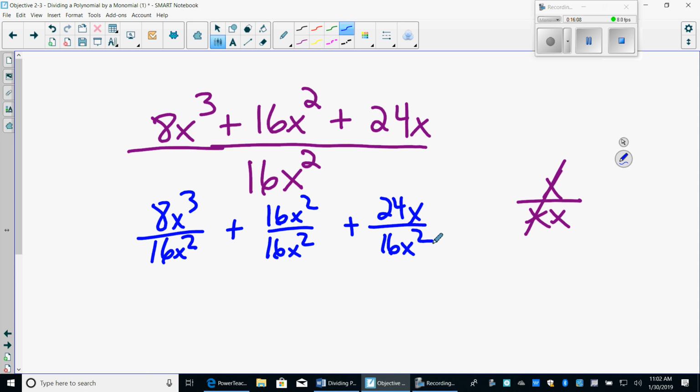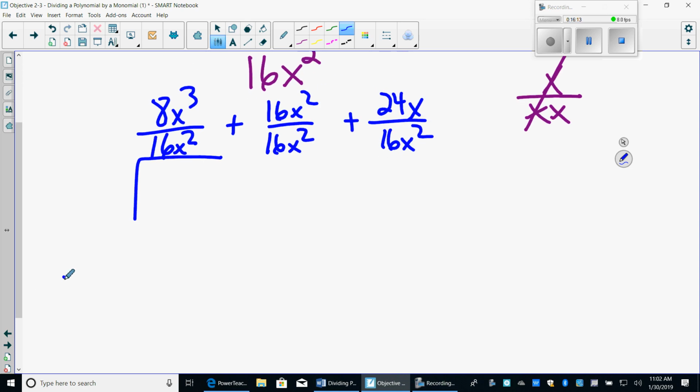Okay, so, we're going to simplify now. I'm going to bring down everything, so that way I know where to put what. Okay, 8 over 16 reduces to 1 over 2. Where's my x? Up top.